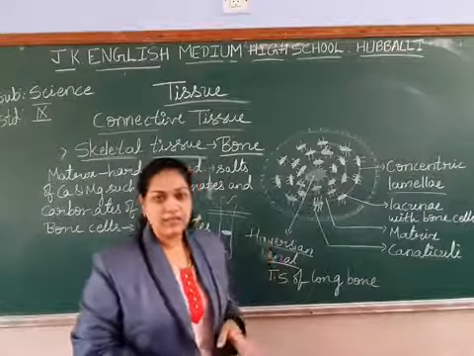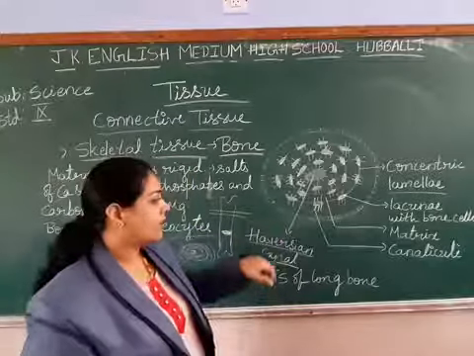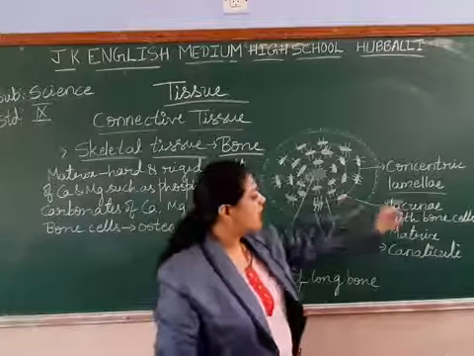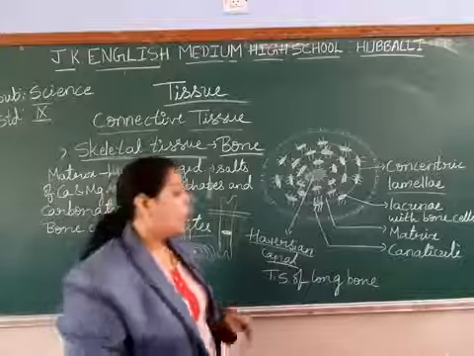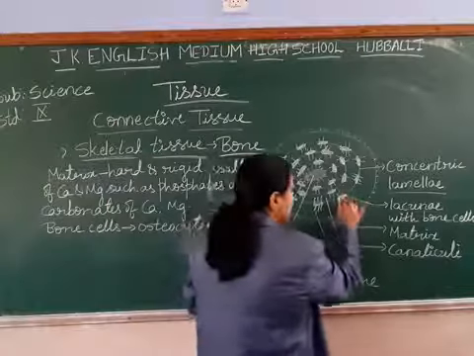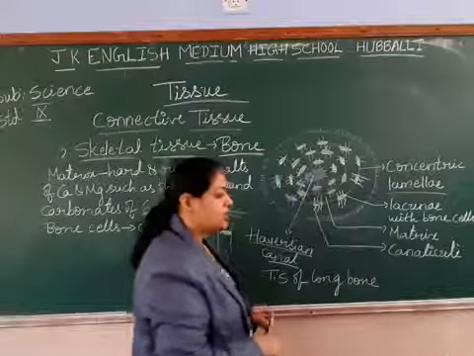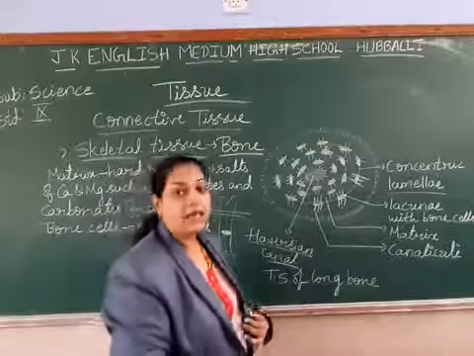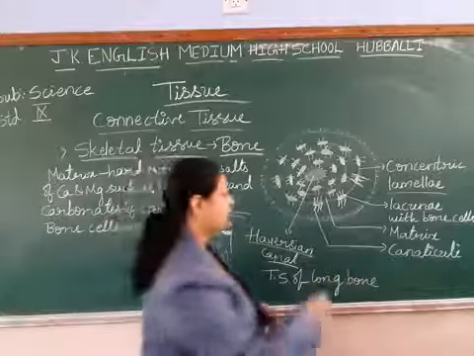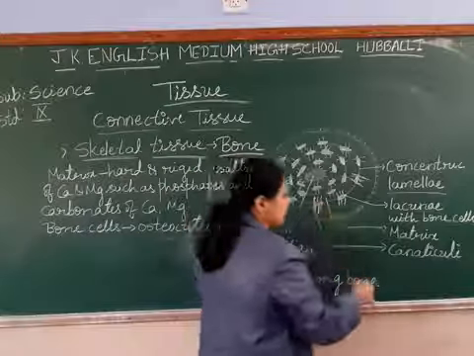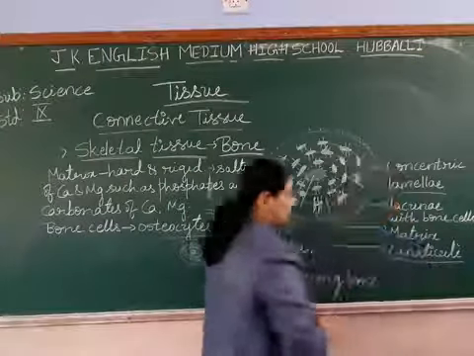Lamellae are concentric rings. On the concentric rings, you find the presence of lacunae. From the lacunae, these hair-like structures you can see, students. These structures are called canaliculi.